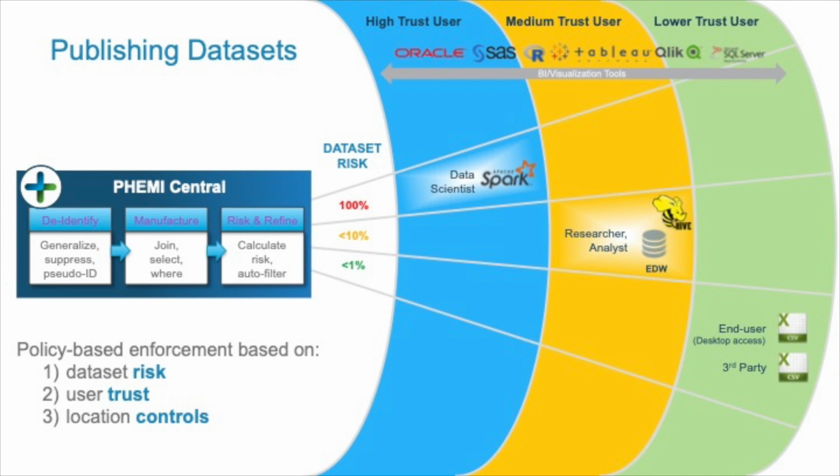And the location controls are also an important factor. A dataset that's analyzed on a secure server may be lower risk than a dataset that is downloaded to a user's desktop. This is a particularly powerful approach because a user can safely download a dataset to their desktop, look at it, and then if they're interested, go through a governance approval to see more detailed data sets in a more secure location.